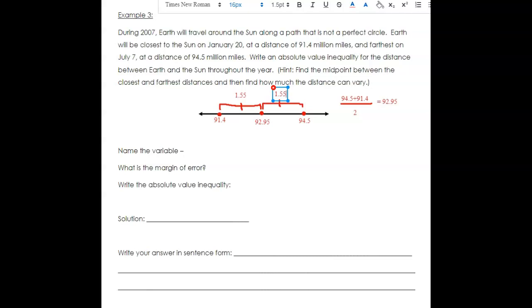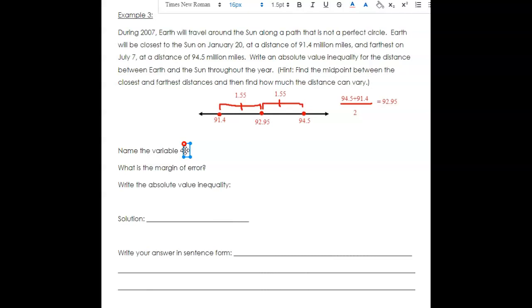So let's get back to all of the parts of the question that we would typically have to answer. I need to name the variable. Well, the question is asking me to write an absolute value inequality for the distance between Earth and the Sun throughout the year. So I need a variable that's going to represent the distance between the Earth and the Sun.